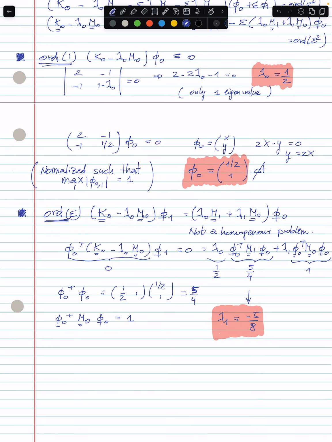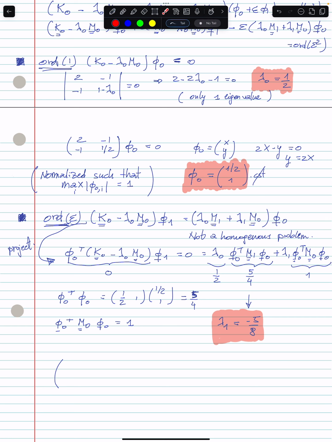We reconsider the equation before projection. All right, so here there was a projection. We consider the equation before, replace lambda 1 by that value. On the left-hand side, we have something that we have already computed, because we have the same matrix as before. So that's the same operator, minus 1/2, multiplied by phi 1.